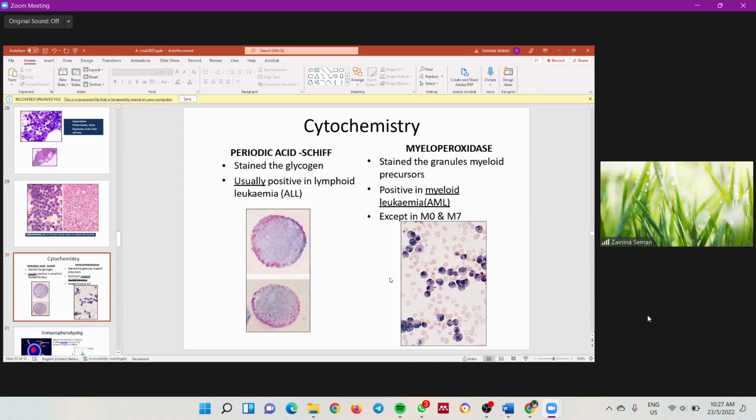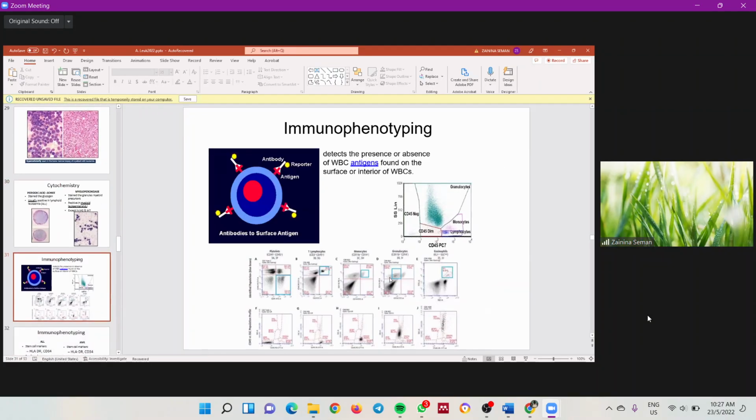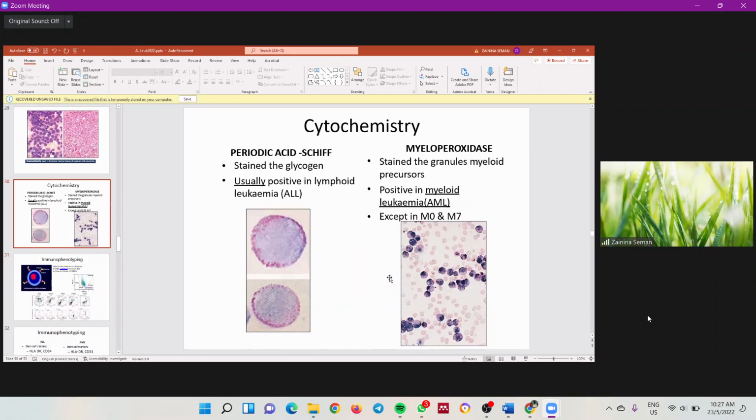However, later on when you go to your clinical years, when you go to housemanship, many hospitals don't do this anymore because this test has been superseded by immunophenotyping. But just to mention to you, this cytochemistry is very good. You can differentiate whether this is ALL or AML.